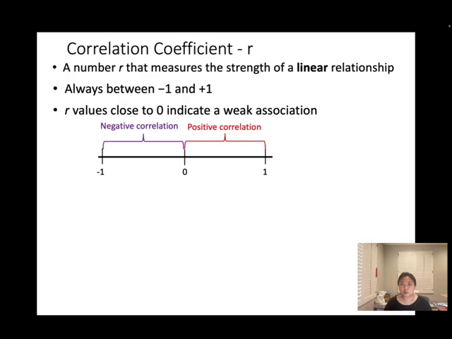R values close to 0 indicate a weak association. When R equals 0, there is no linear relationship between these two variables. Keep in mind that in sessions 4.1 and 4.2, we are focusing on the linear relationship. R only measures the strength of a linear relationship.